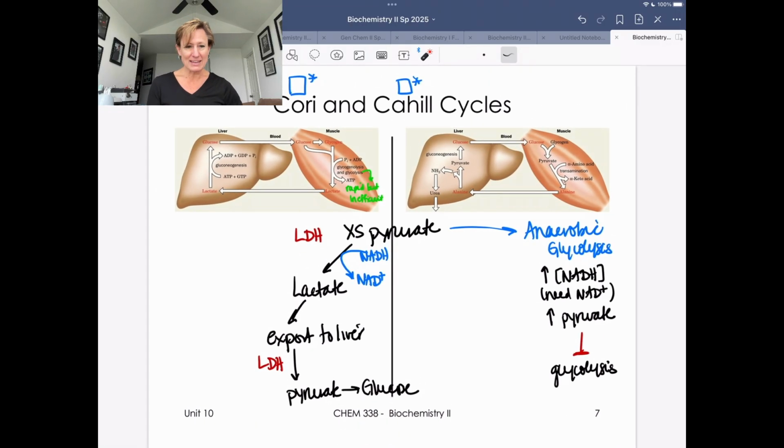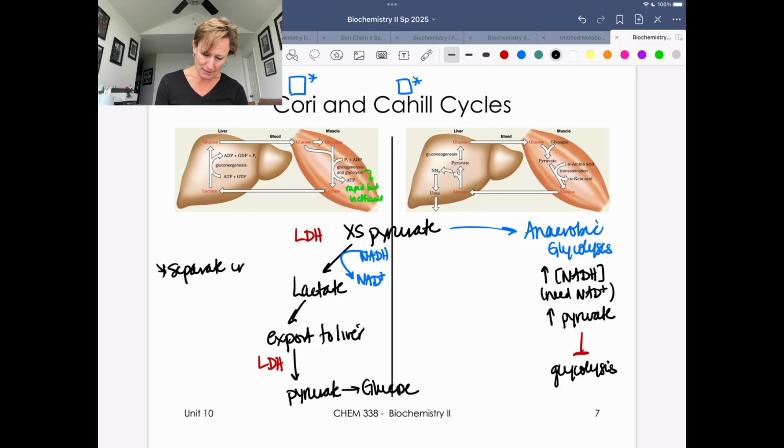So a key here is that we are doing a separation in time and space. So the space piece has to do with the fact that we are taking these metabolites to the liver. We're doing it in a completely separate organ, right?